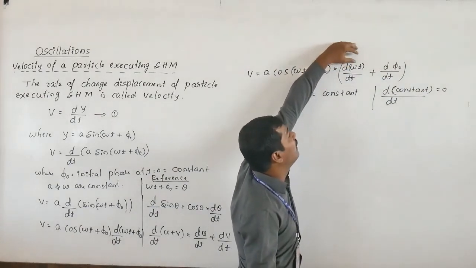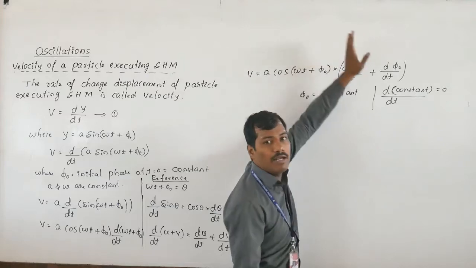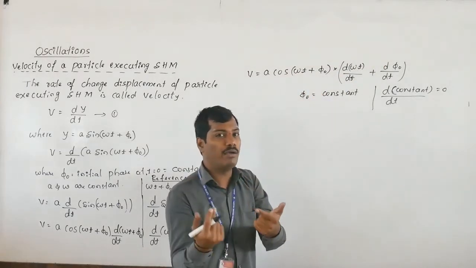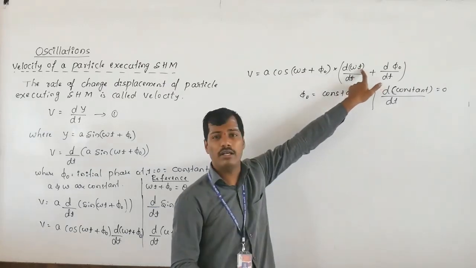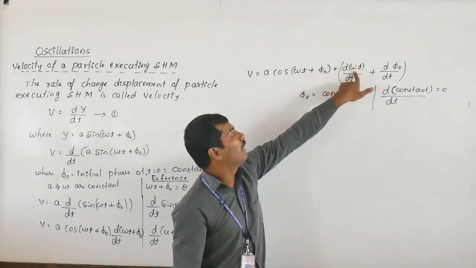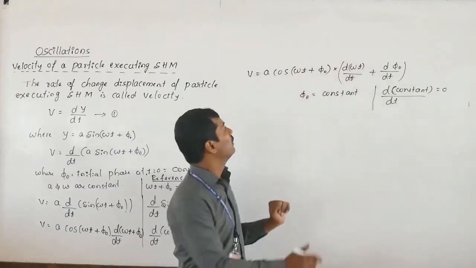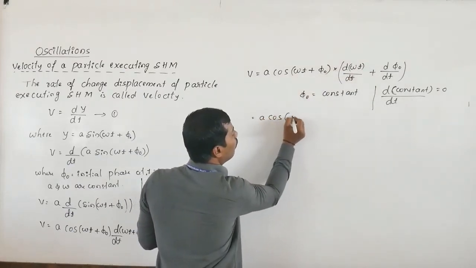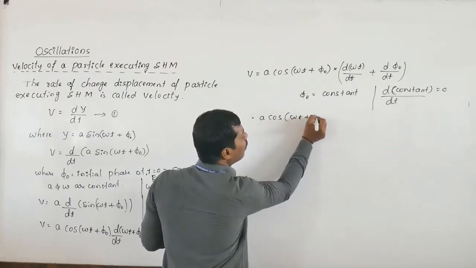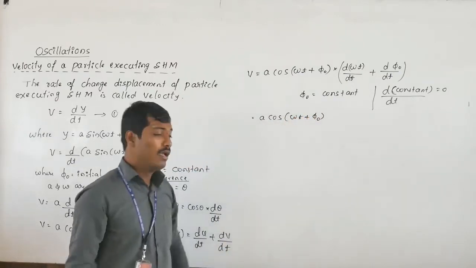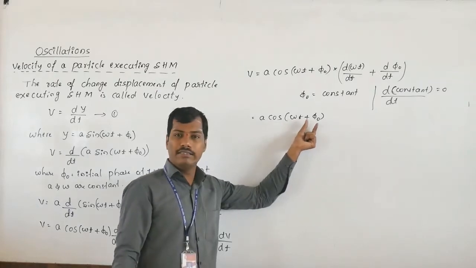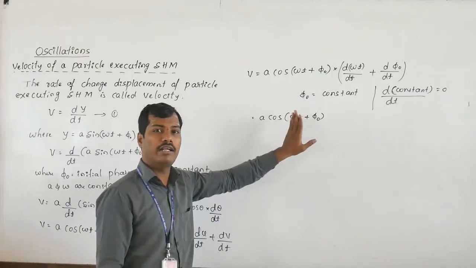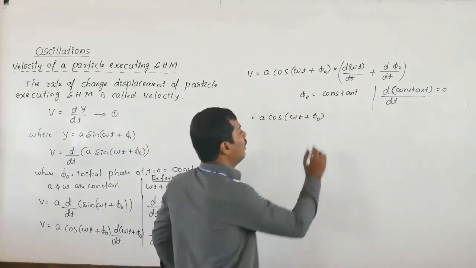The remaining coefficient, that is omega, becomes outside. Constant goes outside, differentiation of the variable. Here the time is a variable, right? So we have to take this omega outside. Then a into cos of omega t plus phi naught as it is, because we are differentiating the trigonometric function, so the theta angle is the same.